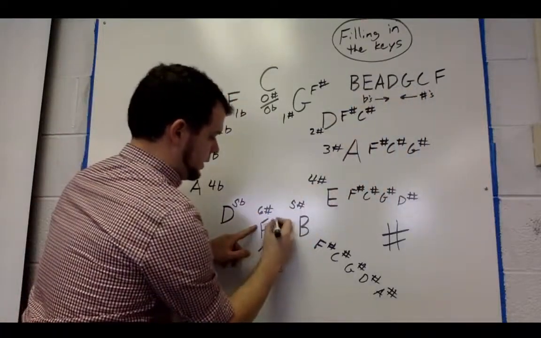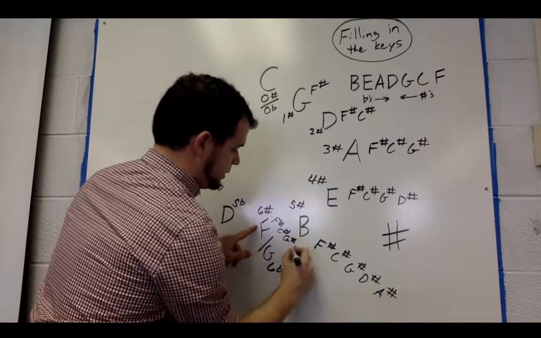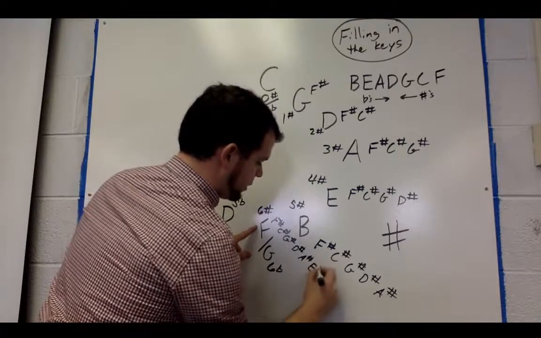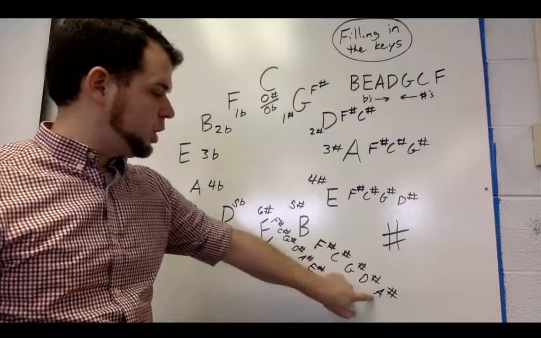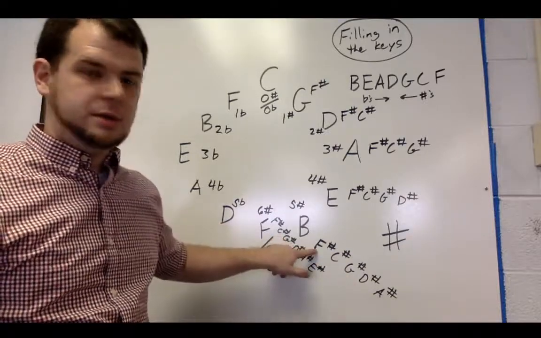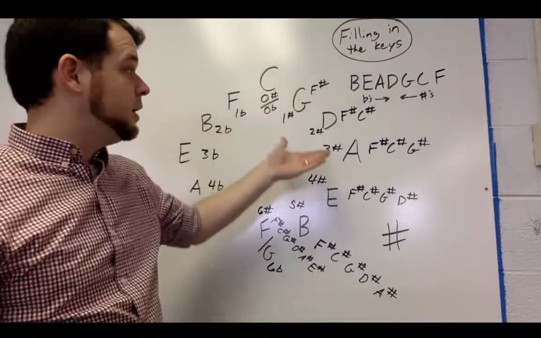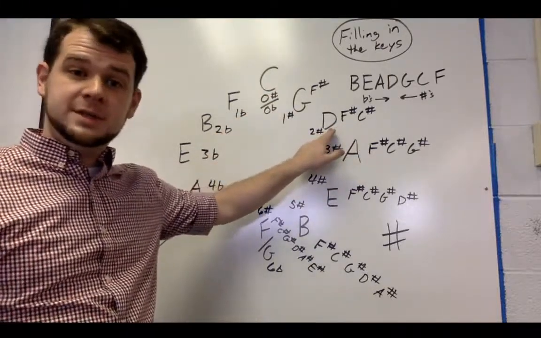So we'll go F sharp, C sharp, G sharp, D sharp, A sharp, and E sharp. Now if you look at B, there is no B sharp listed next to the key of B, so we just leave it as B. The same is true for the other sharp keys. For example, there's no D sharp in the key of D, so we leave it as D.